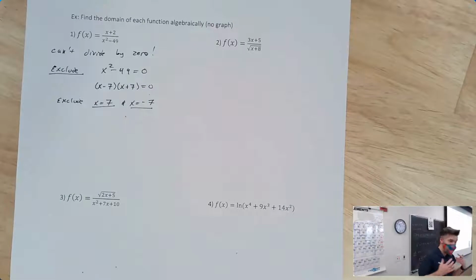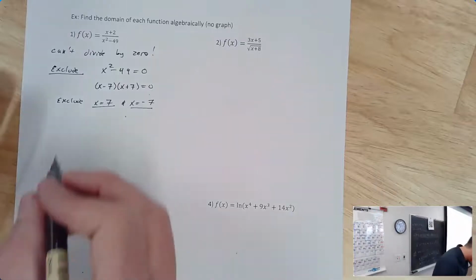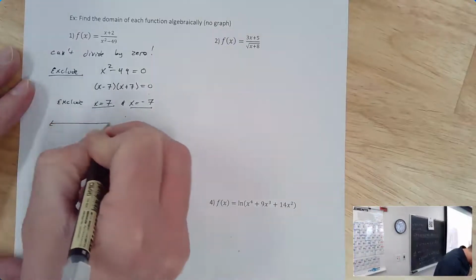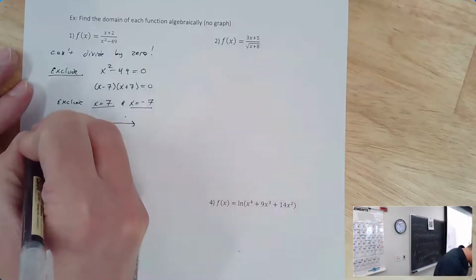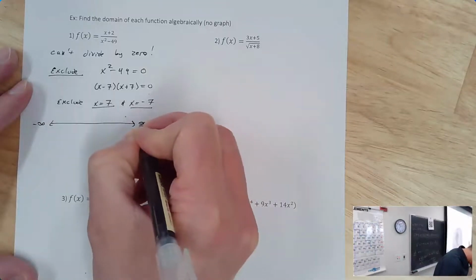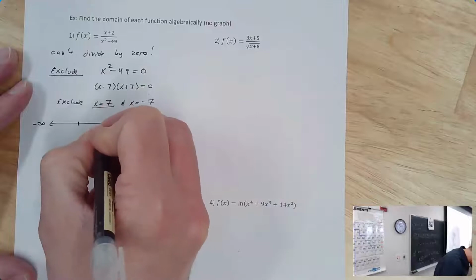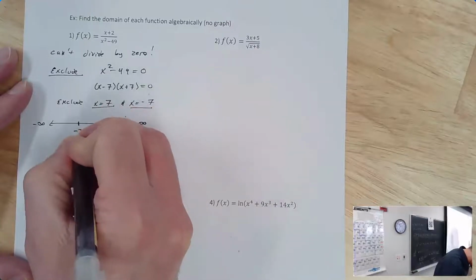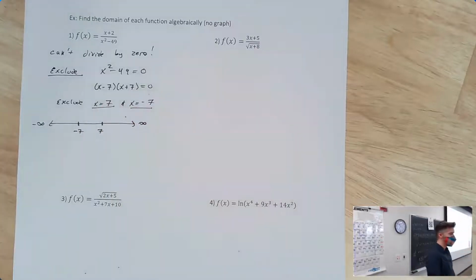We want everything else. I do find it helpful if I'm writing the interval notation to draw this picture. I'm going to draw the number line. And on the number line, I only want to put the values that are coming up. I don't care about 0. I don't care about 5. I don't care about 80. I only care about the numbers that I'm possibly excluding.